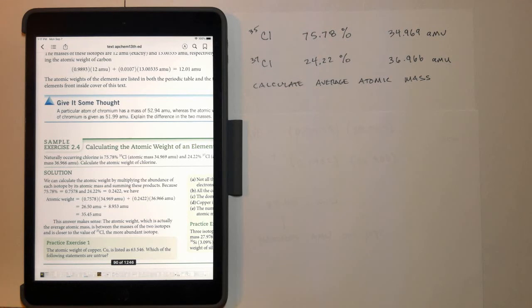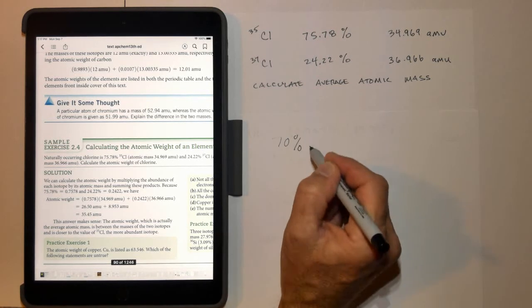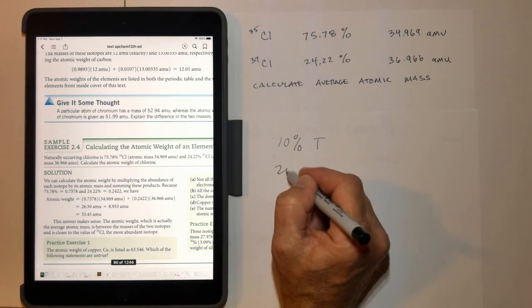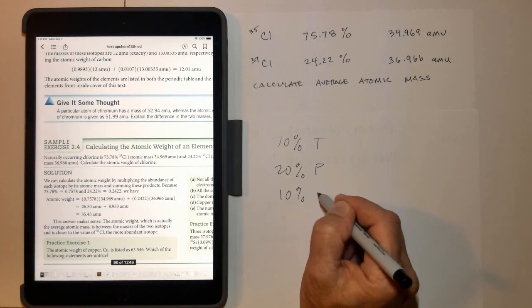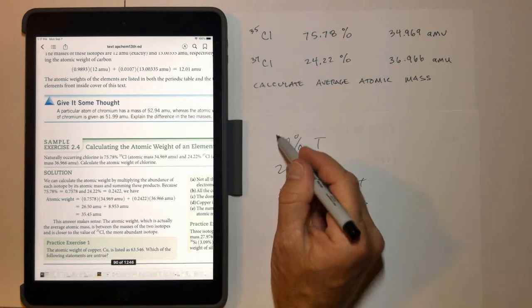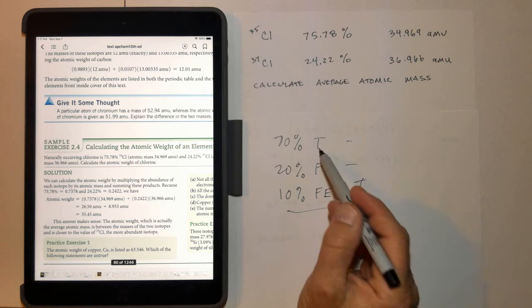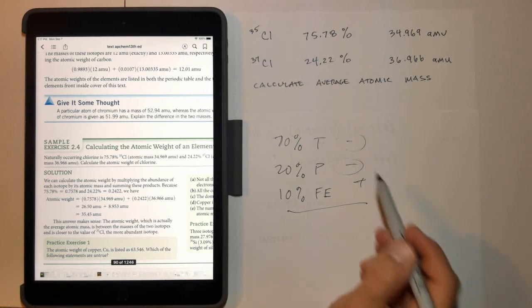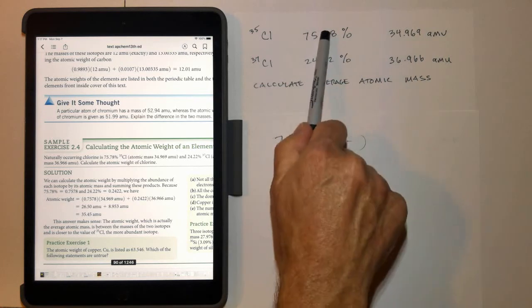You actually have calculated a weighted average if you've ever had a class where they say 70% of your grade comes from tests, 20% comes from some project, and 10% comes from a final exam. Well, how do you determine what your total is? Do you just average each one of these scores? No, you take a weighted average: 70% of it would come from this, 20% from here, and 10% from here. And that's the math we're going to do with this.